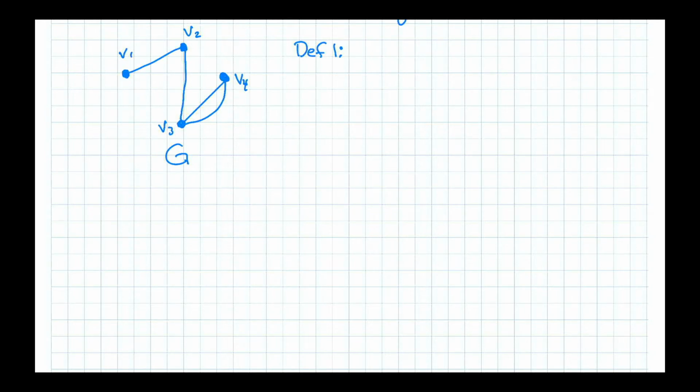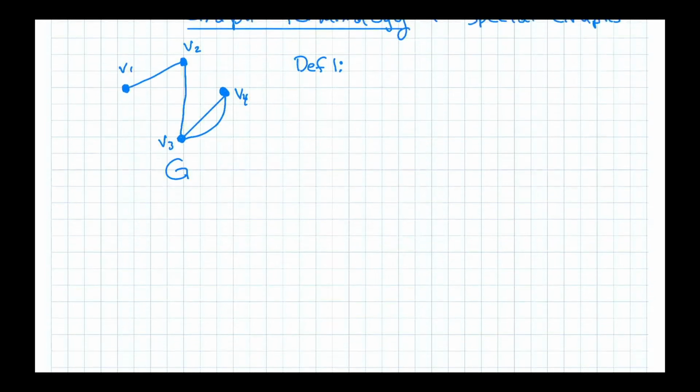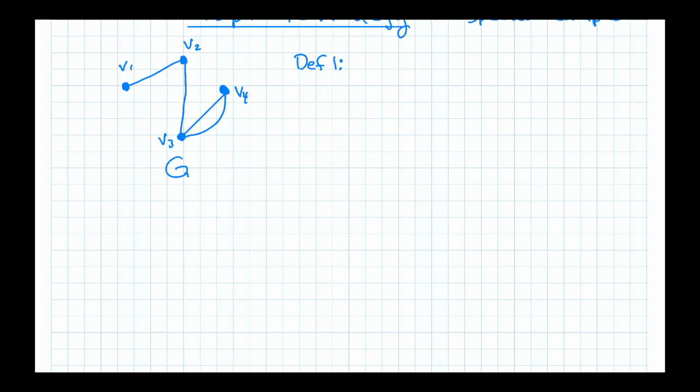I probably already used these terms before, but I'm going to use them again, or precisely define them.